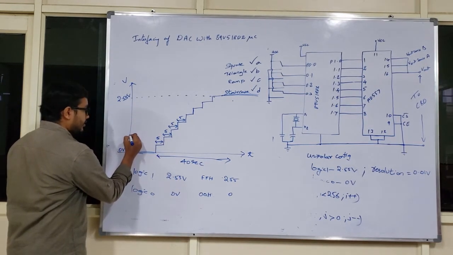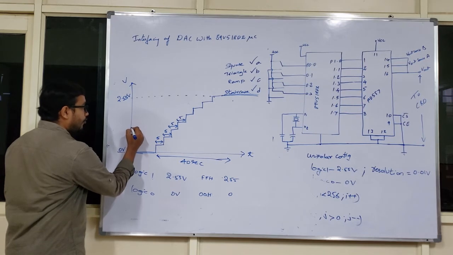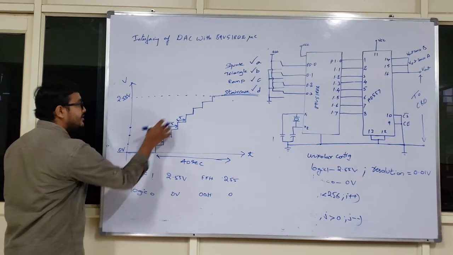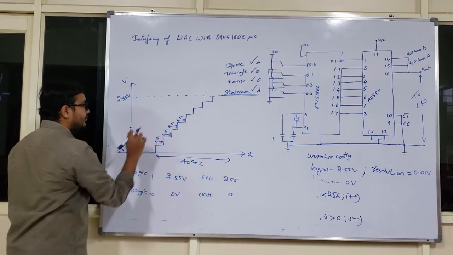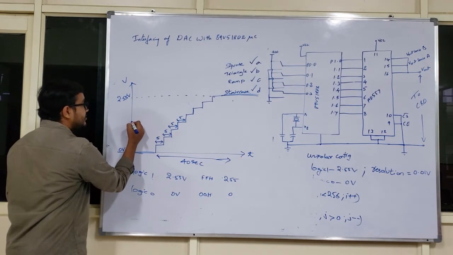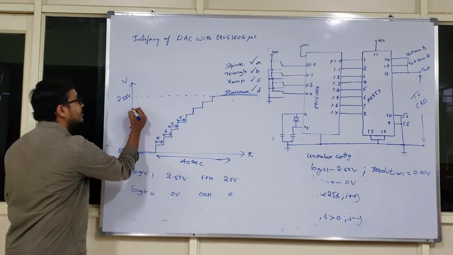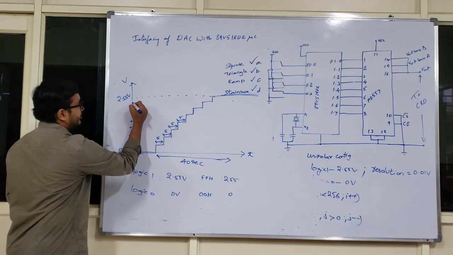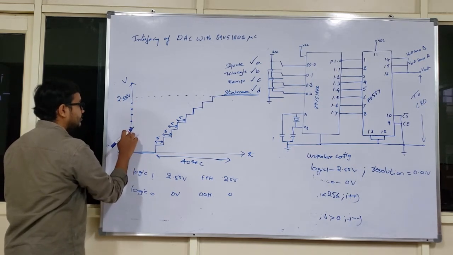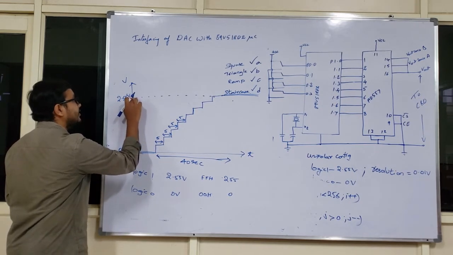Now, at each step, that means 8 steps I am having from the ground floor to the first floor. Each step is taking how much voltage is the question now. Like 1, 2, 3, 4, 5, 6, 7, 8.